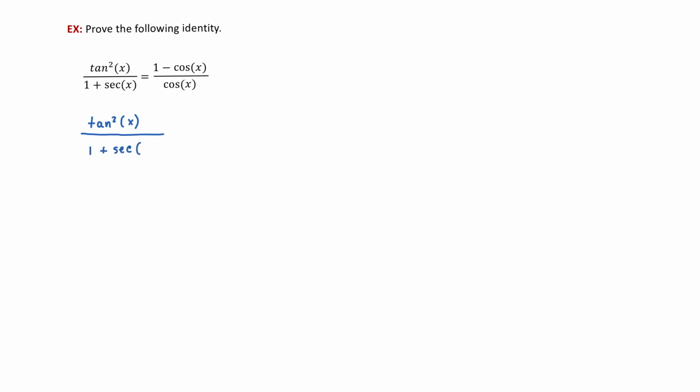And then I remember that I have an identity for tangent squared, a Pythagorean identity, in fact, that connects tangent squared with secant. This identity says that 1 plus tangent squared of x is equal to secant squared x.